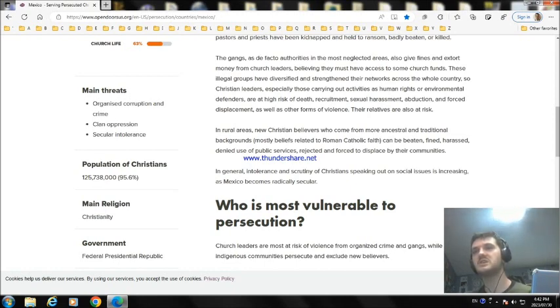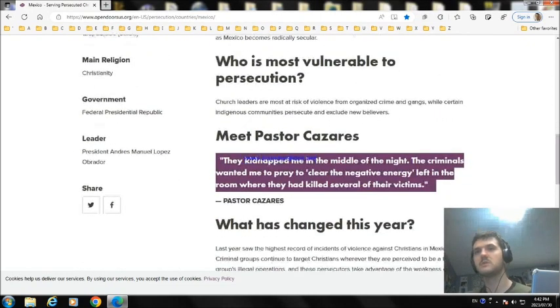In general, intolerance toward Christians speaking out on social issues is increasing as Mexico becomes more secular. Who is most vulnerable to persecution? Church leaders are most at risk of violence from organized crime and gangs, while certain indigenous communities persecute and exclude new believers.